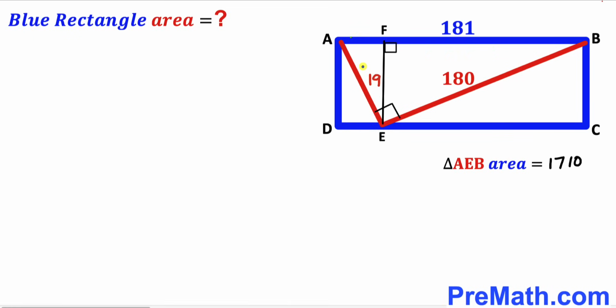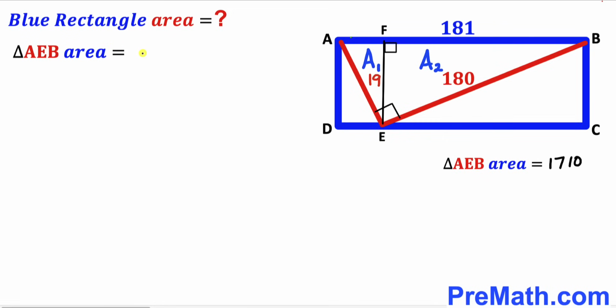I'm going to label the area of triangle AEF as A sub 1 and the area of the other right triangle BEF as A sub 2. Therefore, the area of triangle AEB is going to be the sum of these two individual areas, A sub 1 plus A sub 2.